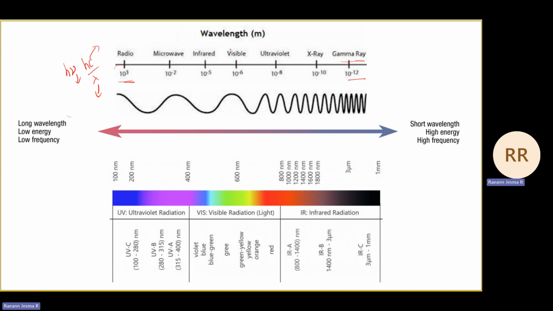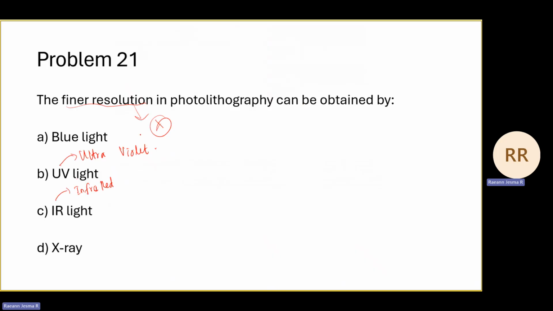In photolithography, we are mainly interested in three types of wavelengths, and in this spectrum, depending on the particular wavelength, we have different bands. Blue light is between 400 nanometer to 600 nanometer.